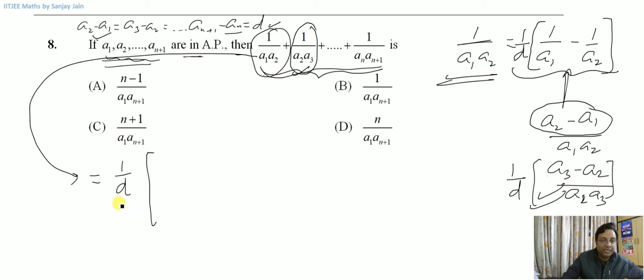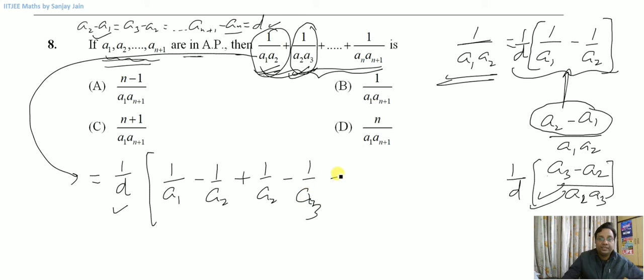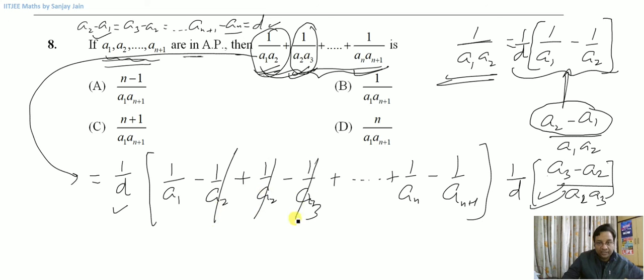If I multiply with 1 by d, I can write this first term as 1 by A1 minus 1 by A2. I can write this second term as 1 by A2 minus 1 by A3, and so on, and I can write this last term as 1 by An minus 1 by A(n+1). Now you see these terms will get cancelled.